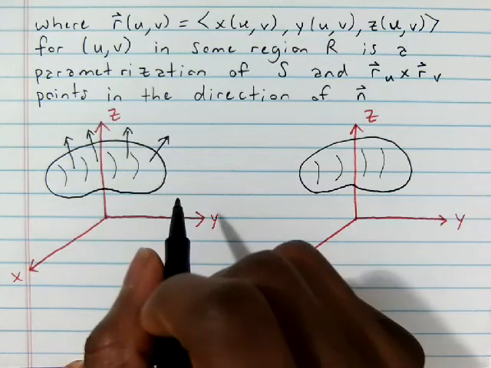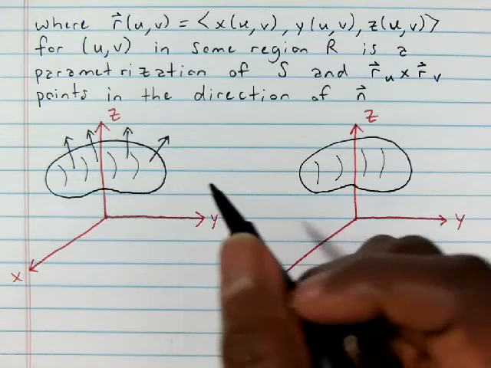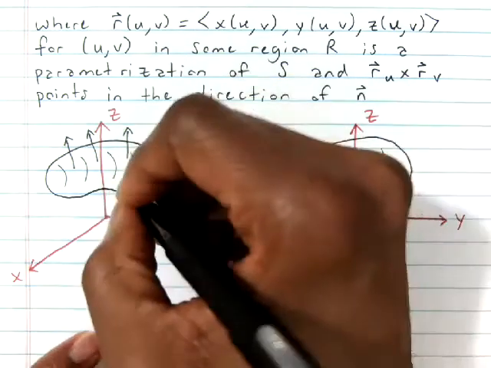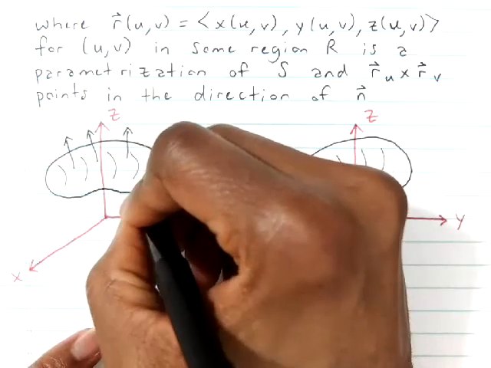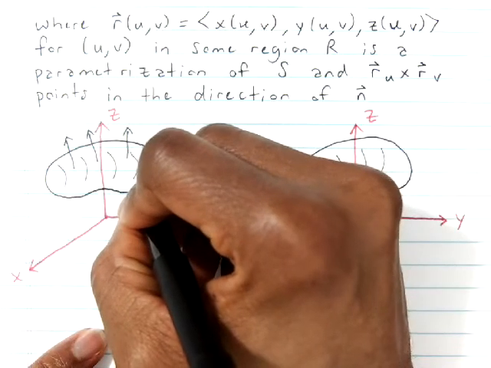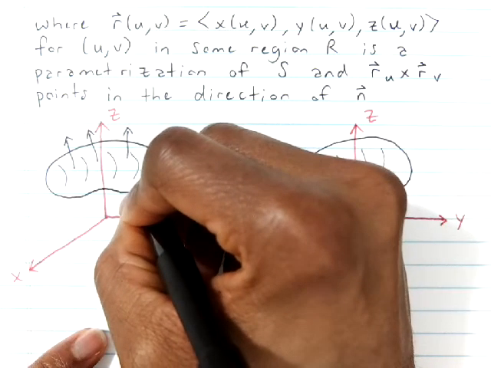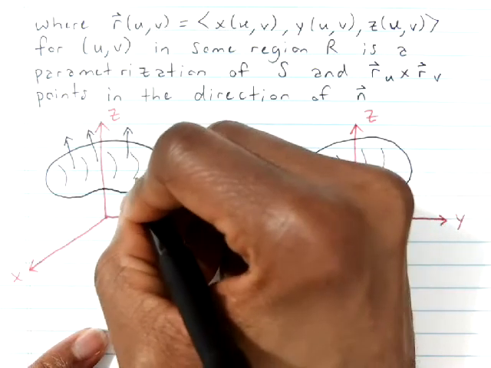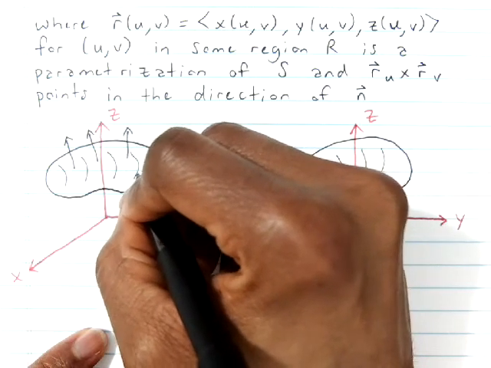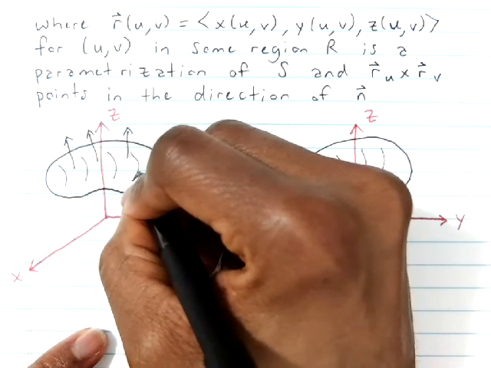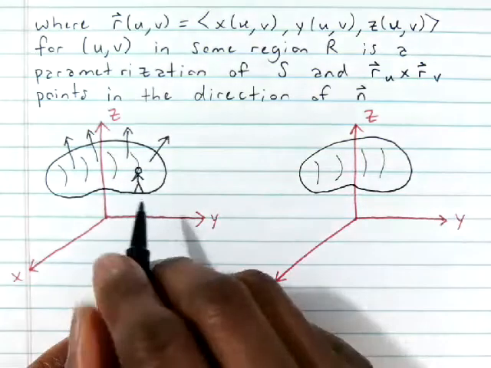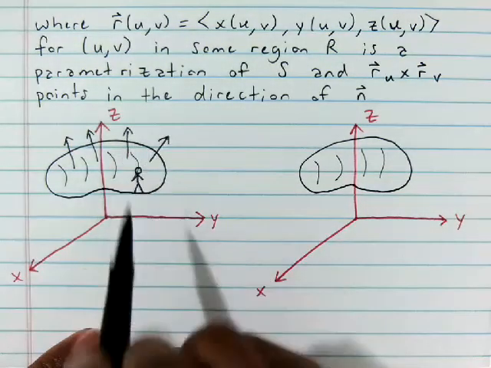So what you're going to do is, and you won't have to do this in practice, but just so you understand how this is working, because you're not going to have to sketch your surfaces, you are going to sketch yourself a little stick figure on the boundary curve, and the stick figure's head has to always point in the same direction as the normal vectors.